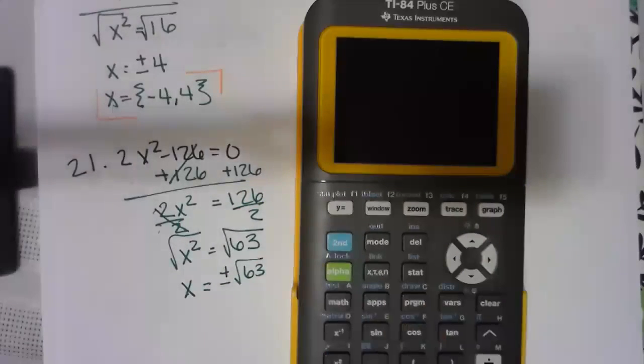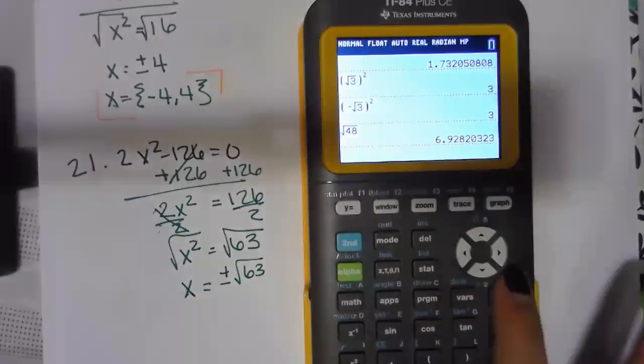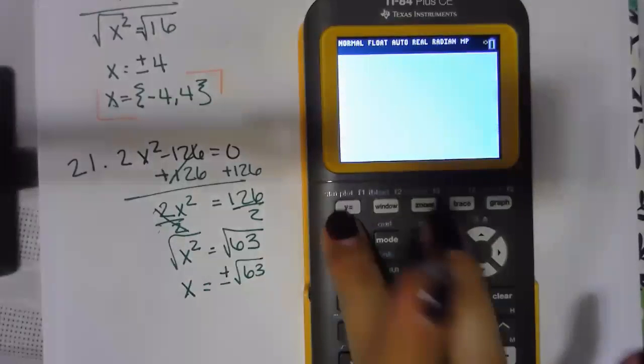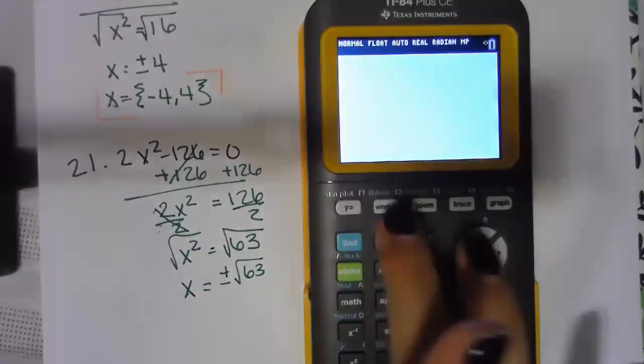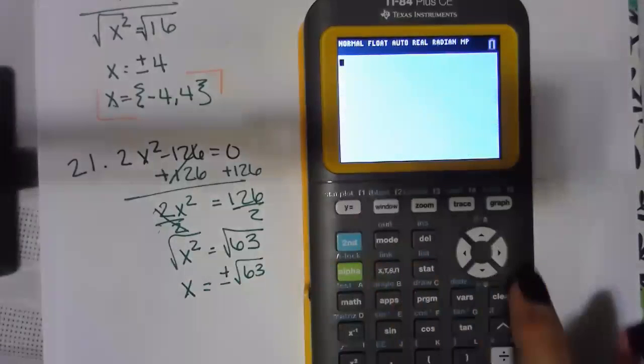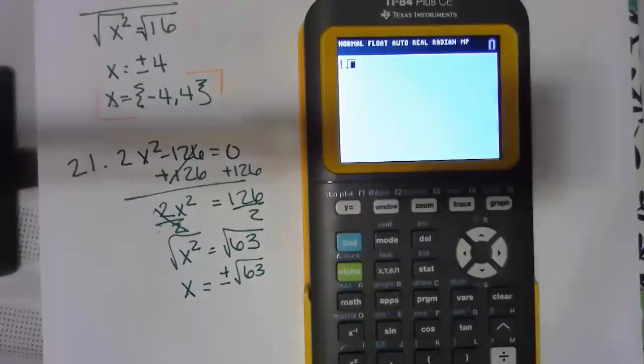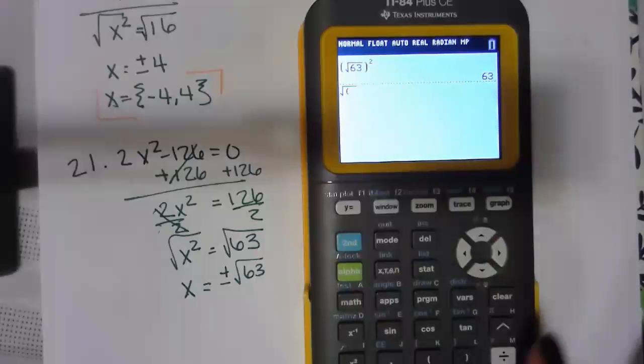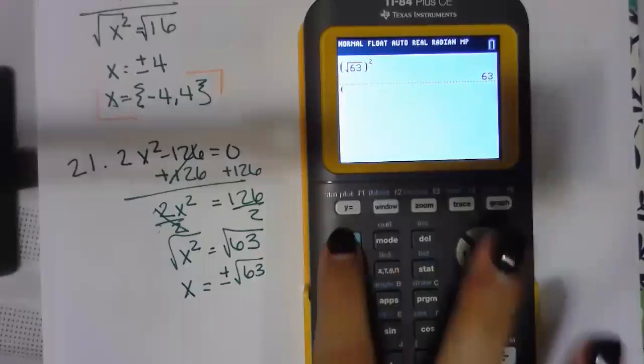Because, okay, if you take the square root of 63, and square that, you get 63.